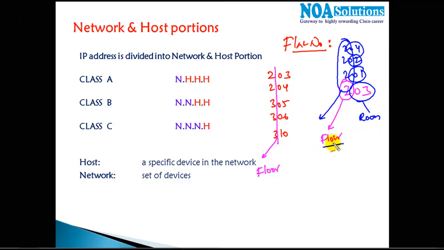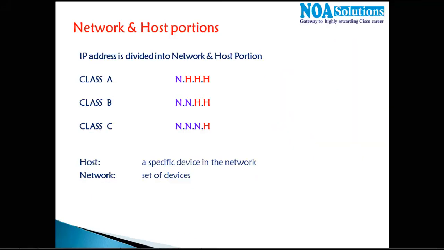It has a slight relation here. In the case of network and host, a single device, a room, is more similar to the host, whereas the floor part is more similar to your network. The similarity is not exact. Let's try to understand how it works in IP addressing.